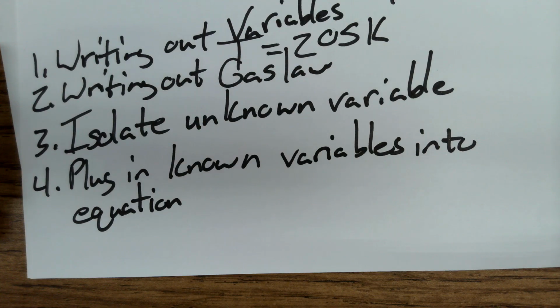I don't know what gas law to use until I know what variables I have. I need to write out the law so I know how to manipulate it. Isolate the variable that I'm missing. Solve for my unknown variable. Bingo. 1, 2, 3, 4. Easy steps.